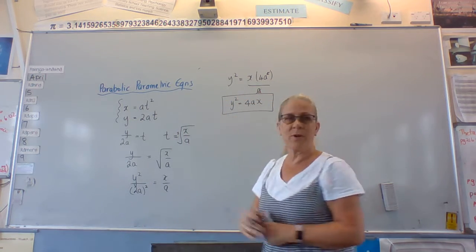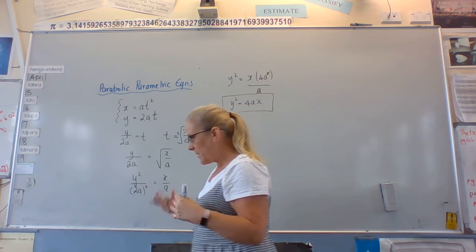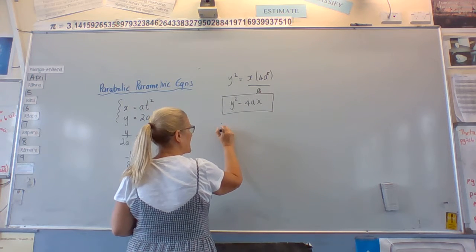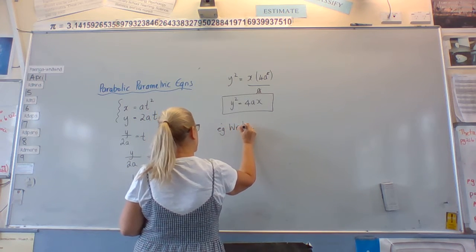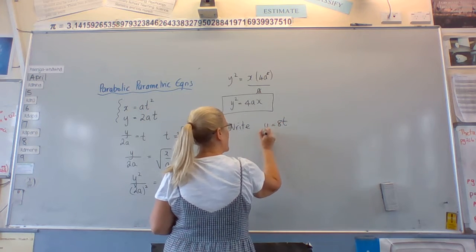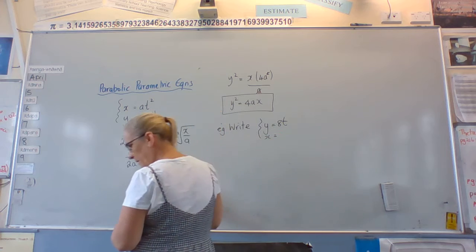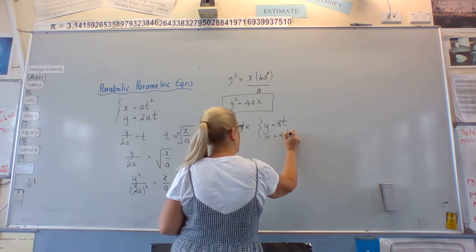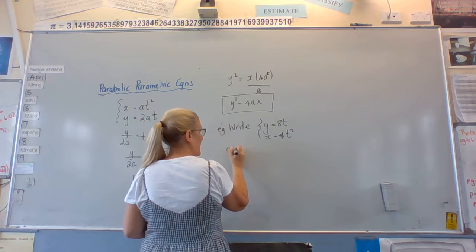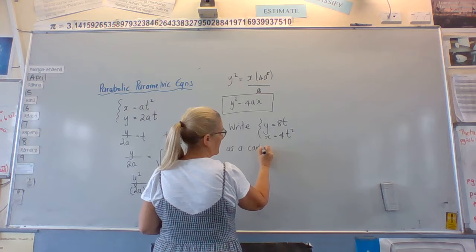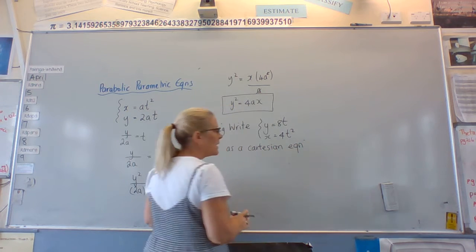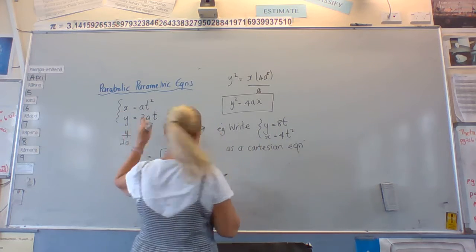So those two forms are related in that way, and we have to be able to turn them from one to the other. Let's say we've got an example: y equals 8t and x equals 4t squared, and we want it in Cartesian. All we have to do is relate it to these equations here.